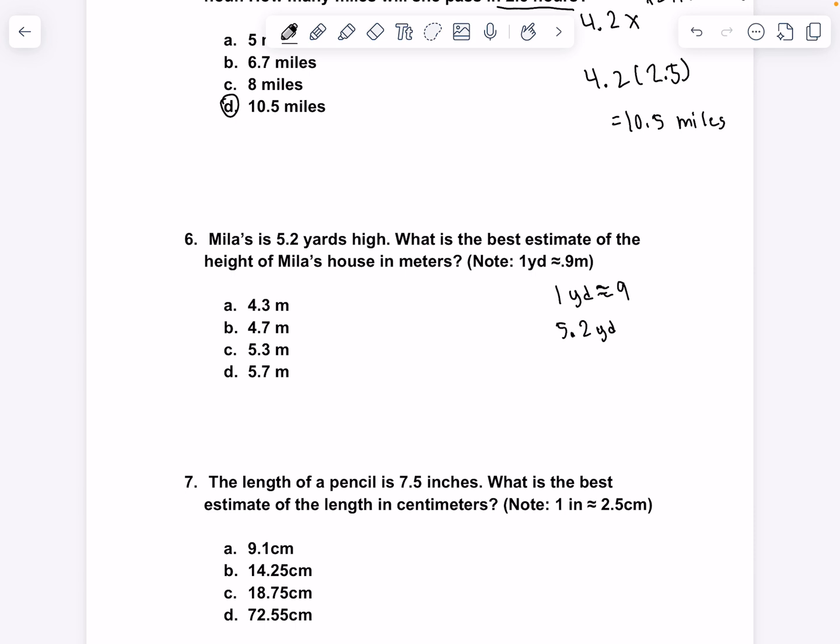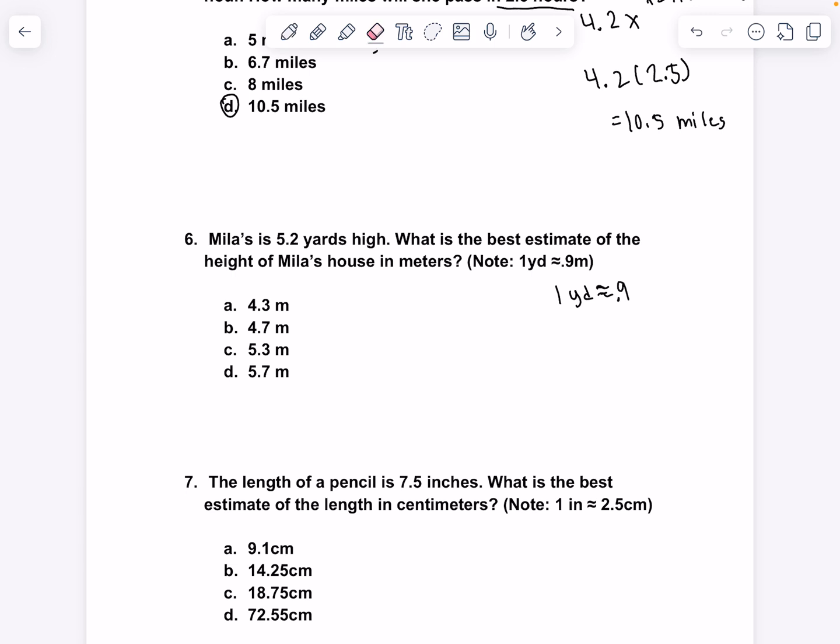So we would do 5.2 times 9, and that would give us, it's 0.9. So if it's 0.9, that means the ratio is 1 yard is 0.9 meters.